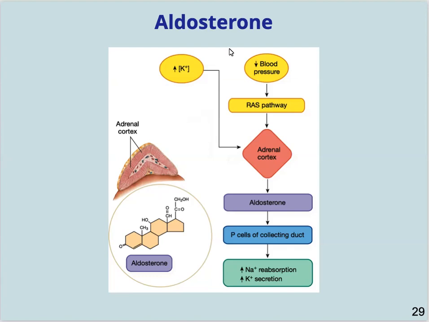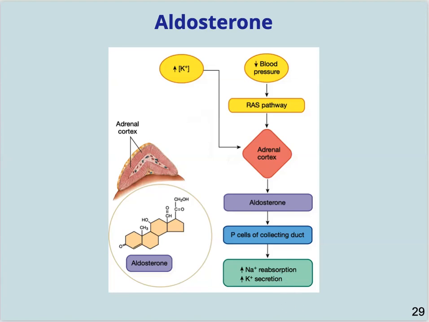We've got hyperkalemia triggering this pathway and ending with increased dumping of potassium, whereas the primary trigger of hypotension results in increased sodium reabsorption. And remember, what follows sodium reabsorption is water. Water gets passively reabsorbed by osmosis following this sodium reabsorption. So that means at the end of this pathway, we're also going to bring our blood pressure back up.